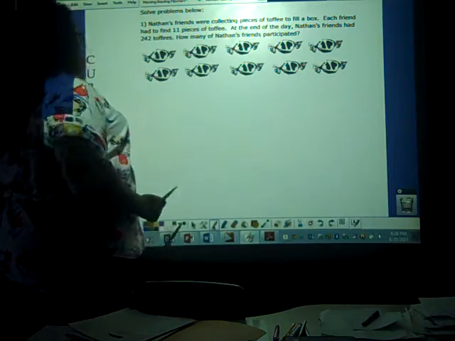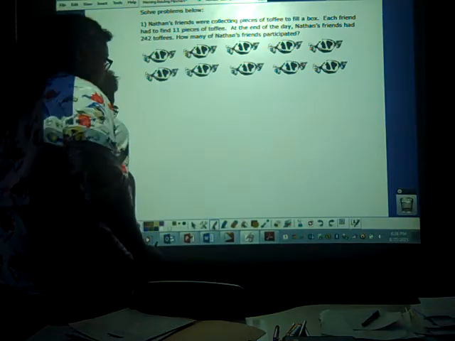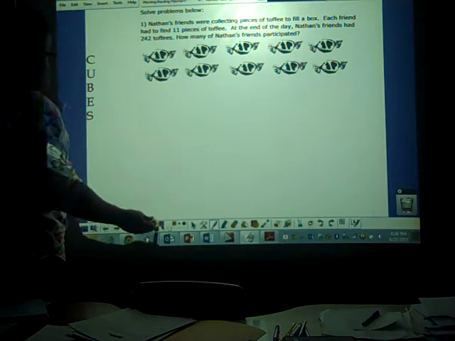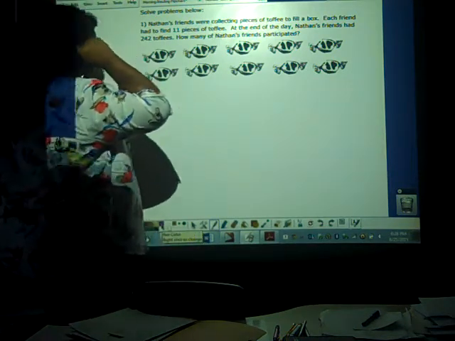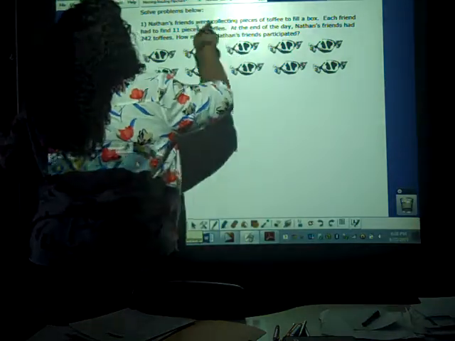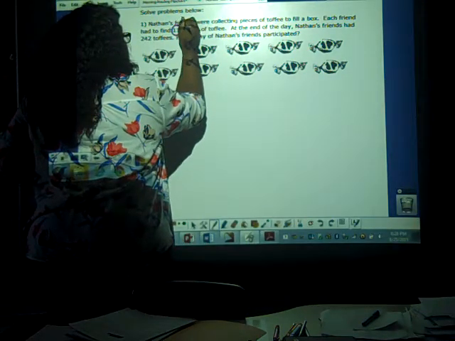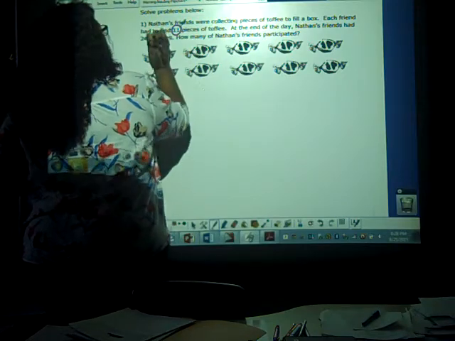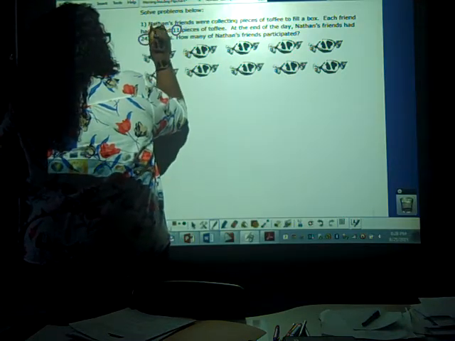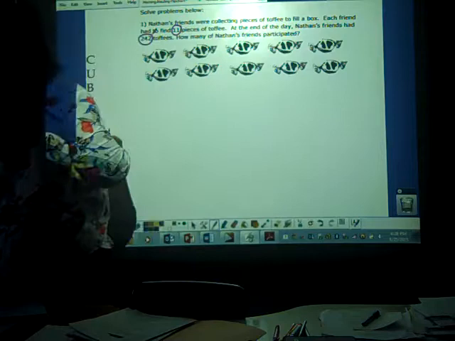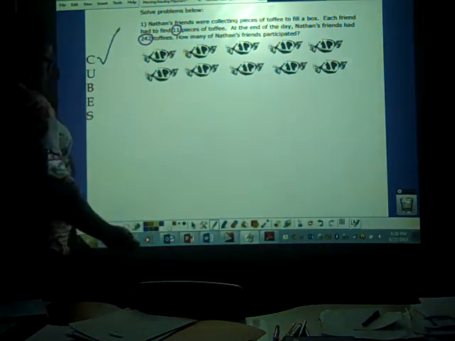So let's go ahead and begin with our CUBE strategy and circle our numbers in our word problem. So I'm going to circle 11, 242. Boom. Circle my numbers. Check, check.